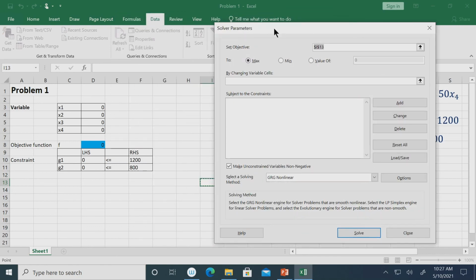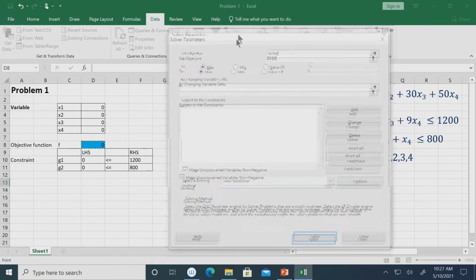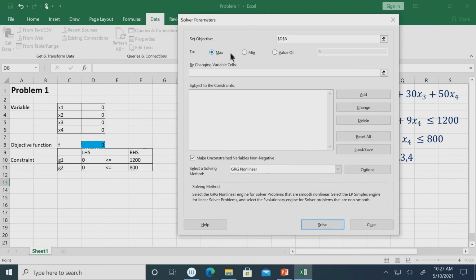Now, here I have to define the problem. The first is the objective function. The objective function cell is here. This cell, that is D8, is the objective function cell. Now, my problem is the maximization type. Therefore, here I can define either maximization, minimization or value of. But in my case this is a maximization problem, so maximization is already checked.